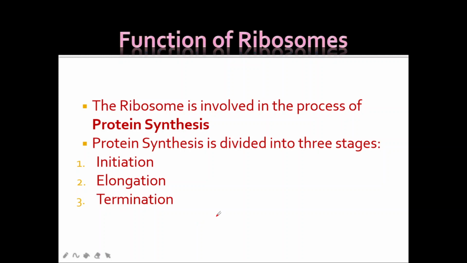A site, the aminoacyl site, P site, the peptidyl site, and the E site, that is the exit site. So these 3 sites and the mRNAs already present in the ribosomes are responsible for protein synthesis. The stages of protein synthesis I have also explained: initiation, elongation and termination. These 3 stages are performed, and the polypeptide chain is formed.